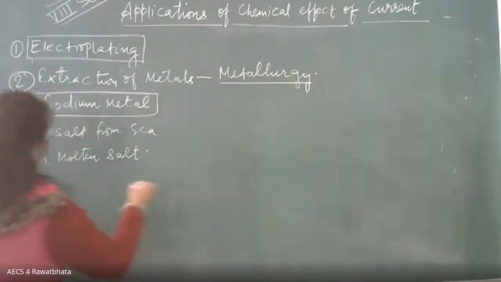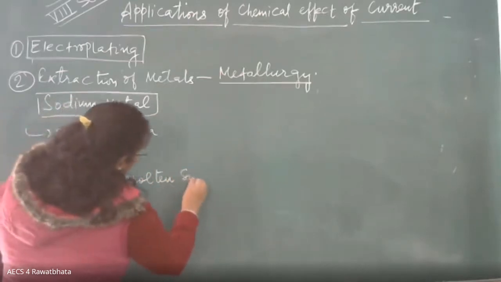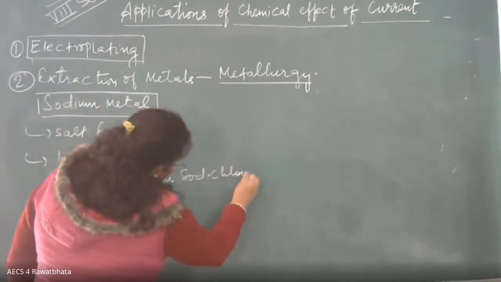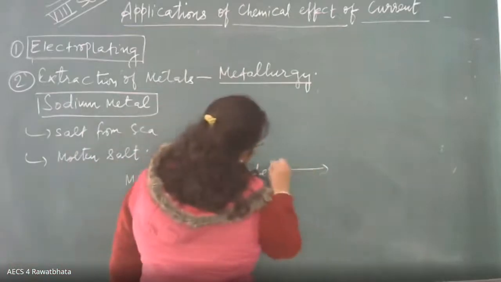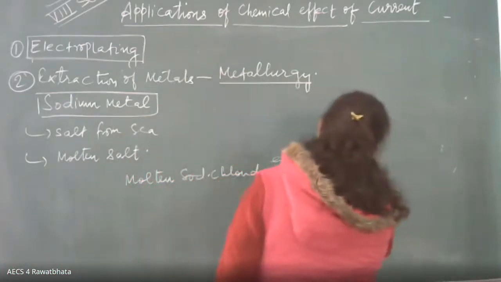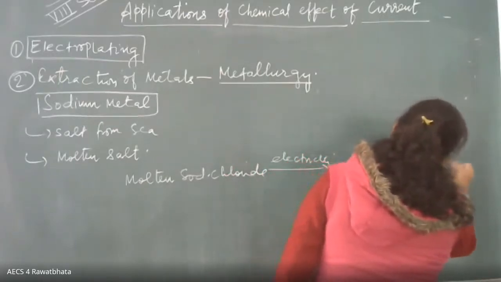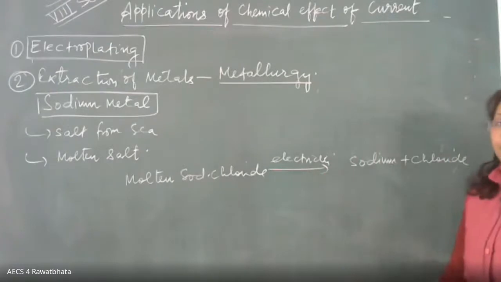And then what do we do? Through this molten sodium chloride, we pass electricity, and then we get sodium and chloride separately.